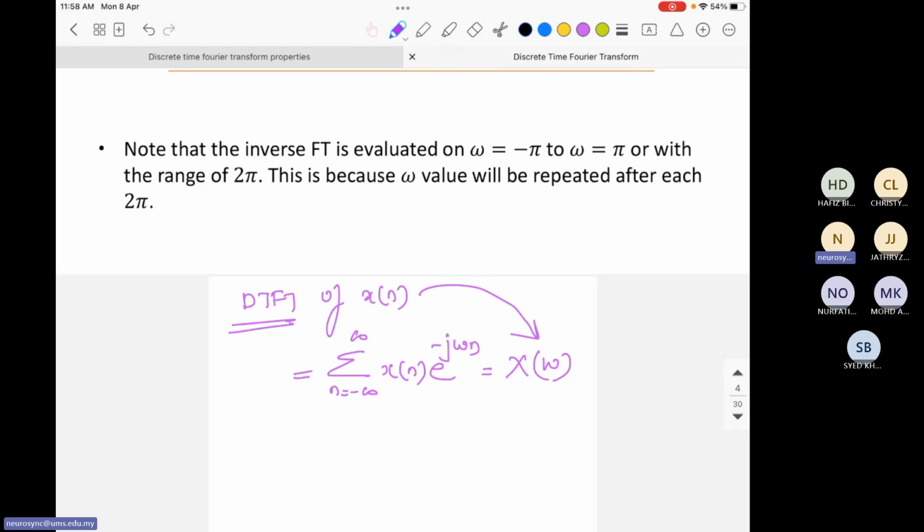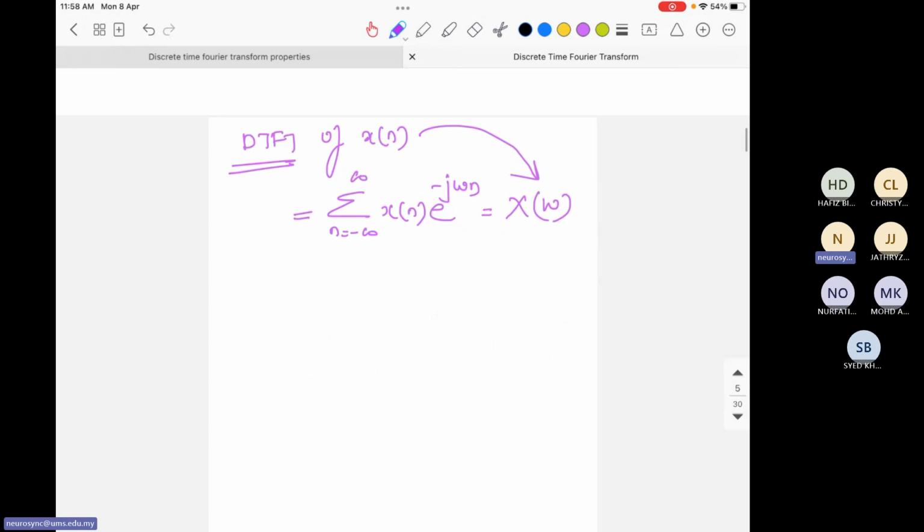Okay, now let us consider the period of 2 pi. Why is there a period of 2 pi? Let us consider X of omega plus 2 pi.